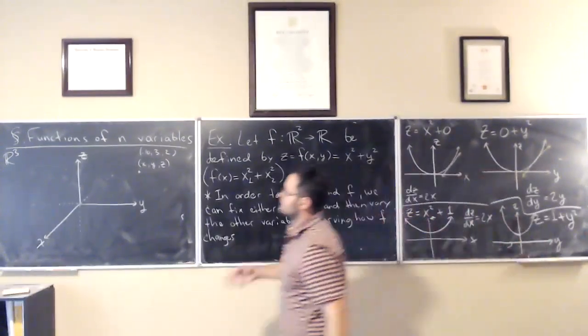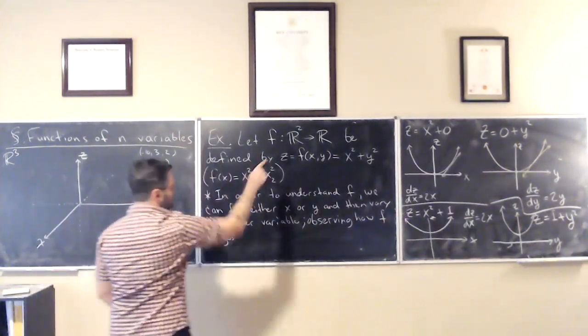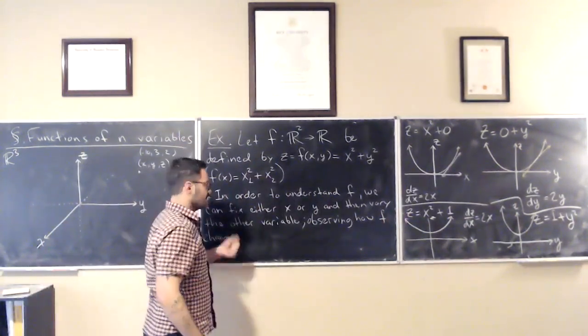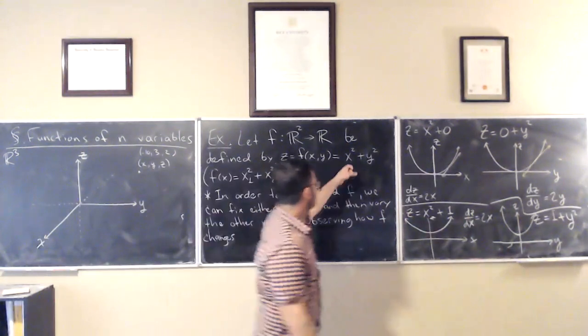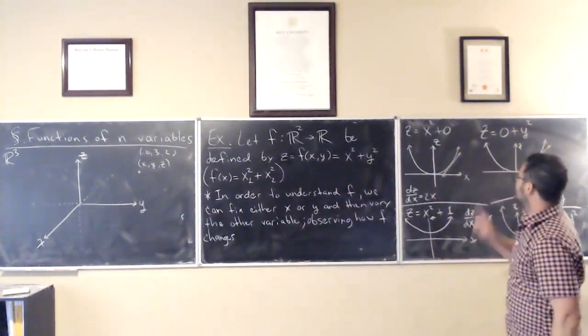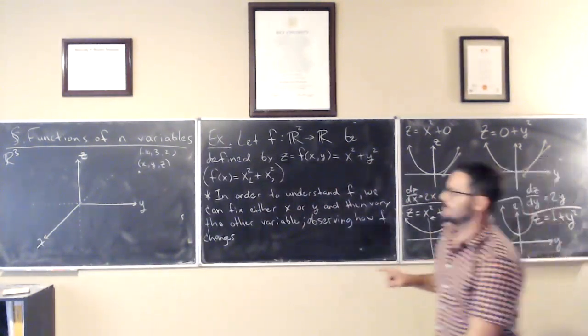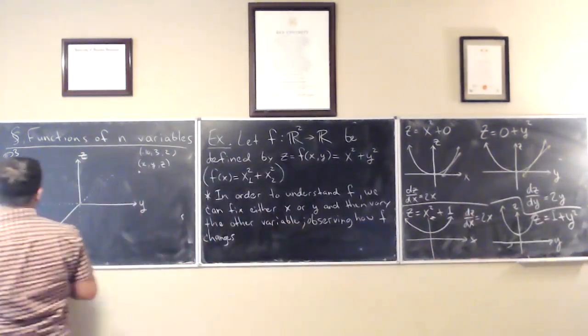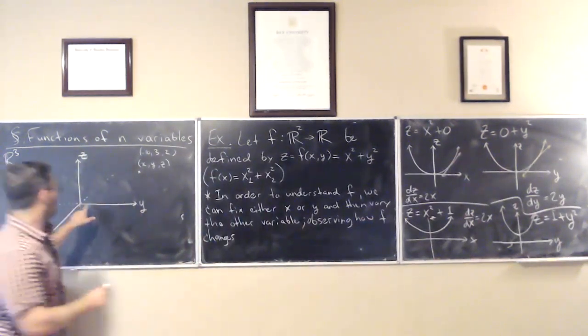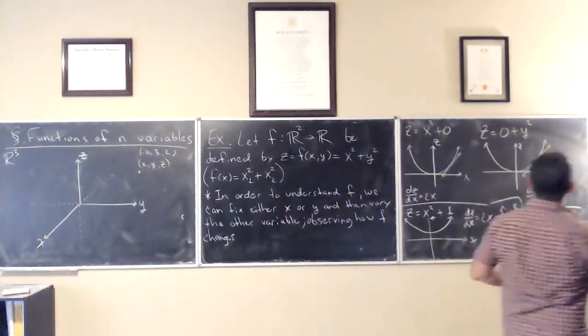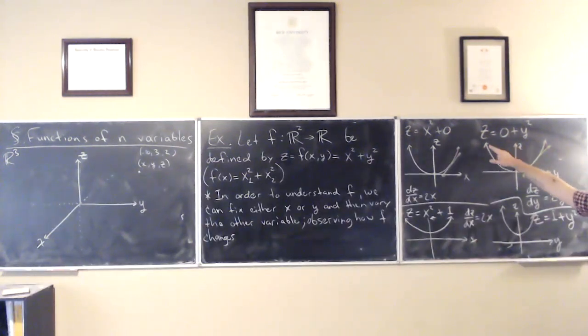Okay. So, but when dealing with this function now and trying to picture it, we can use this space to get an image of this. In particular, I know what this one looks like. When x is 0 and we vary y, z looks like that.